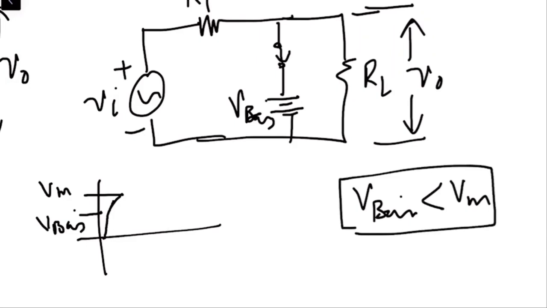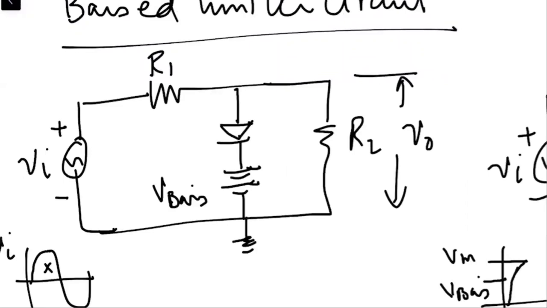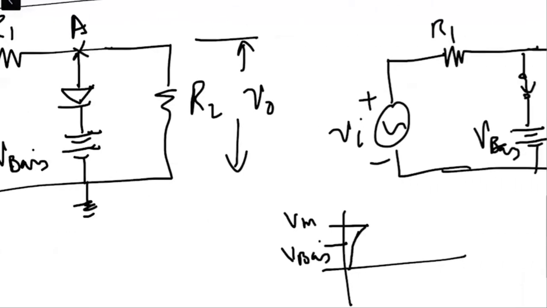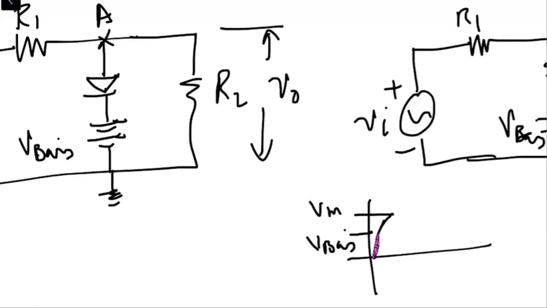right? If V bias is less than Vm, then let's suppose the point in the circuit over here is A. Now, as the input is rising for the positive half cycle, and if the input is less than V bias, this means at point A, the voltage is less than V bias.